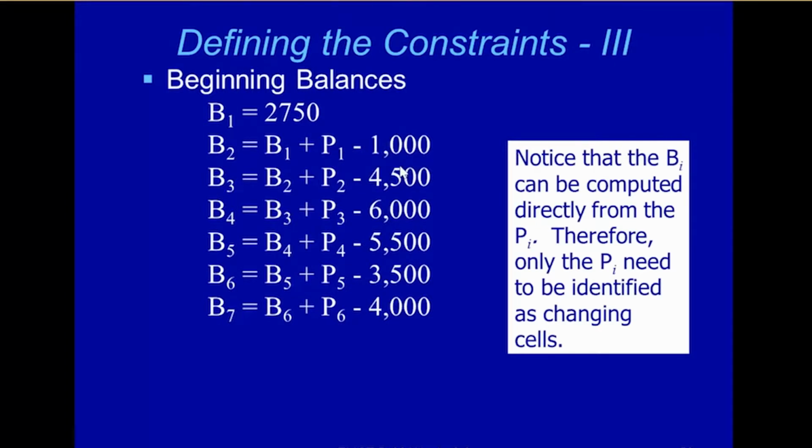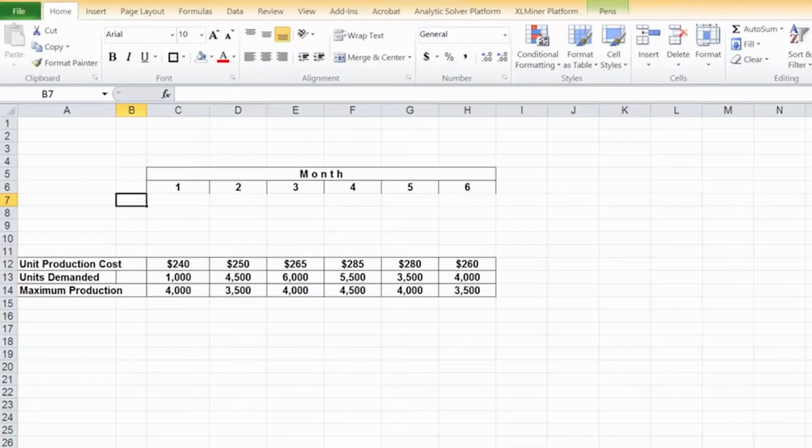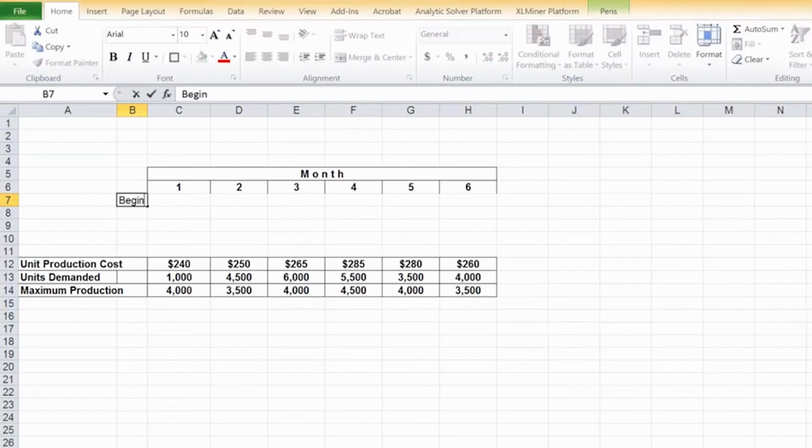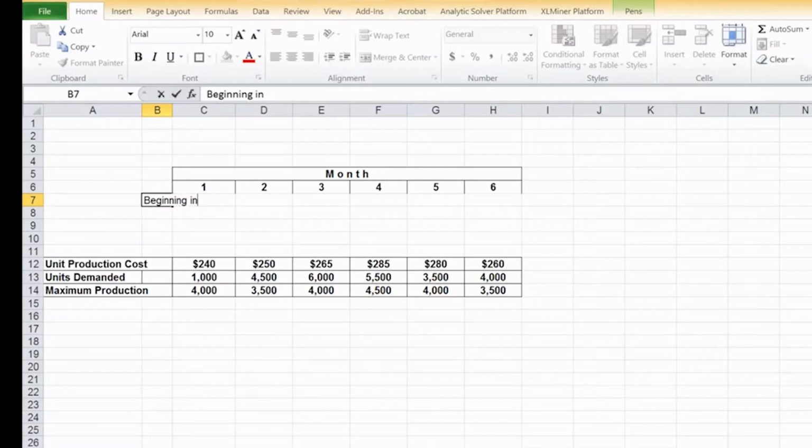Okay, so we'll have 3 rows. So here I'll have, make it align this way. Okay, and then we'll have unit produced.